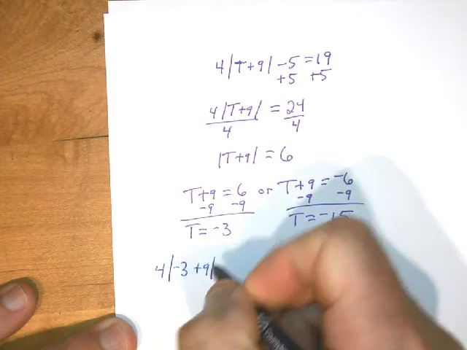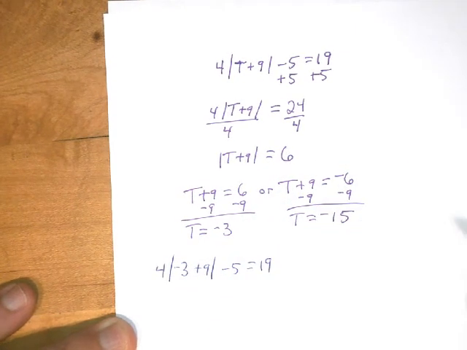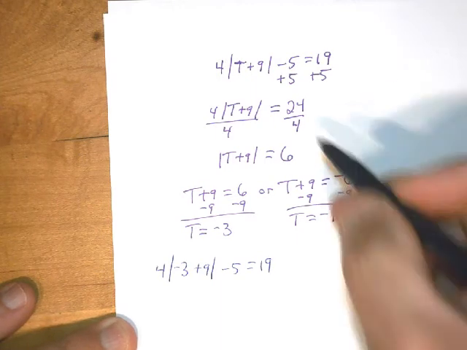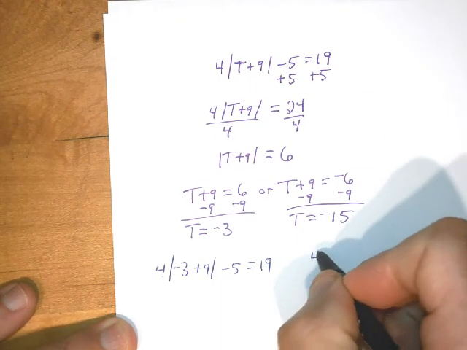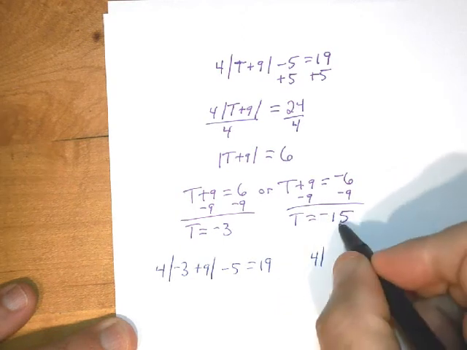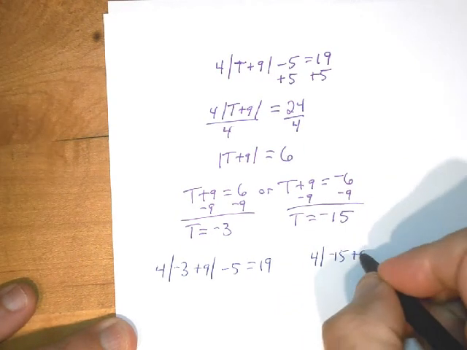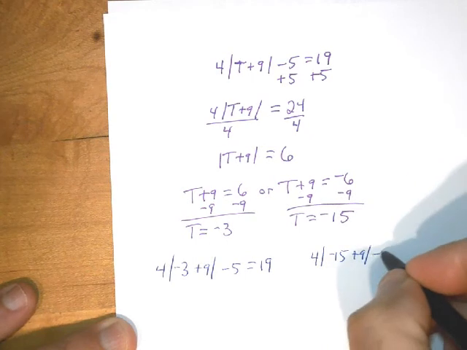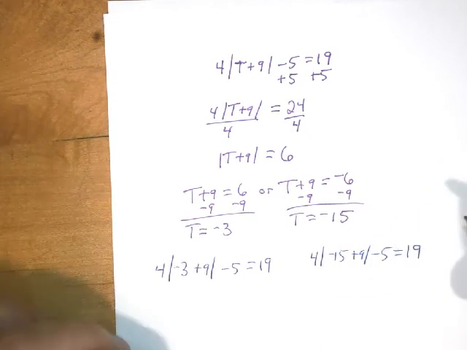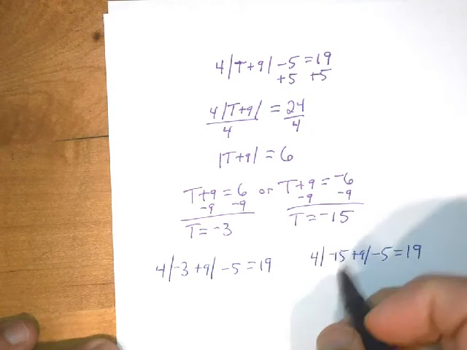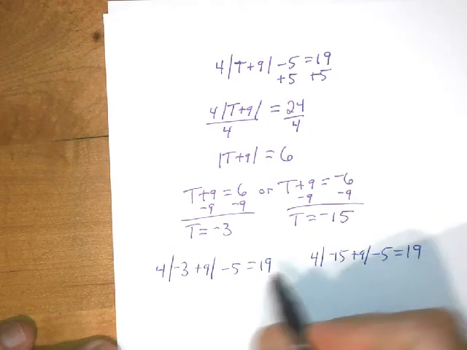So I have 4 times, throw that minus 3 in there, plus 9, minus 5 equals 19. I'm going to go ahead and throw it in the other one as well. 4 times minus 15 plus my 9 minus 5 again comes out to 19.